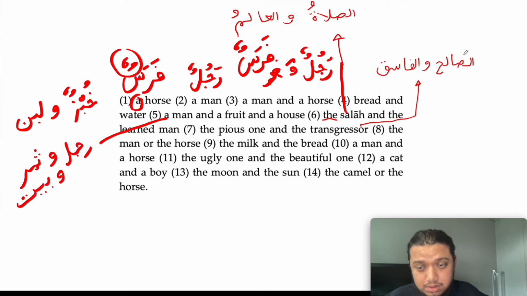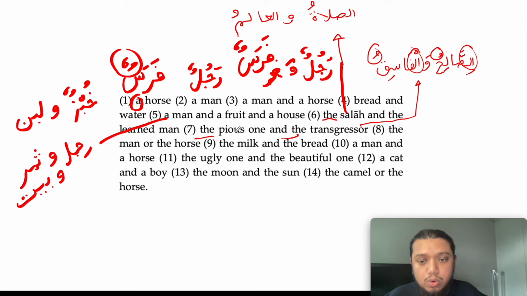So if we were to put the markings on it, it would be as-salihu wal-fasiqu, because it is definite, the and the, we've added the alif lams.